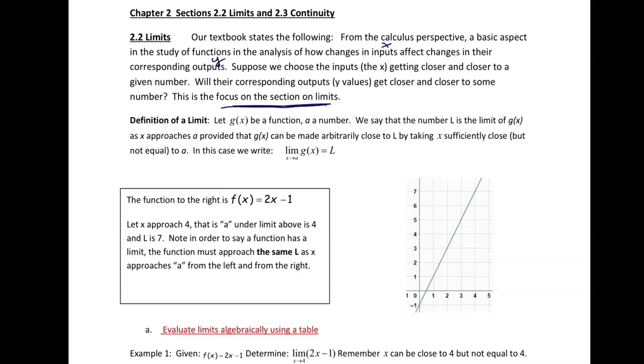Okay, so the basic definition: let g of x be a function and alpha a number.